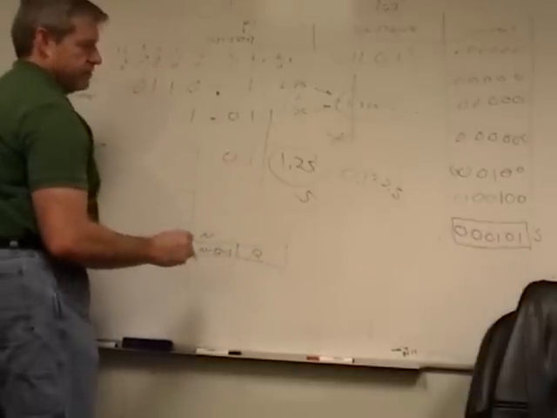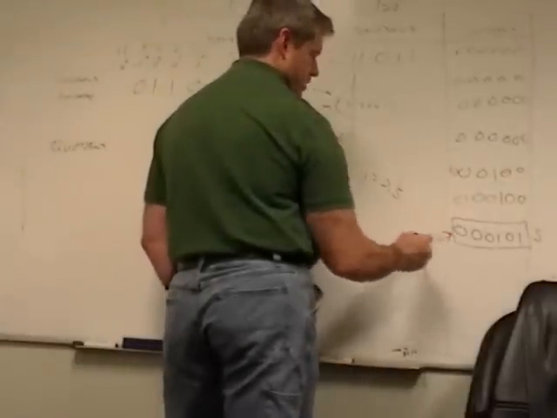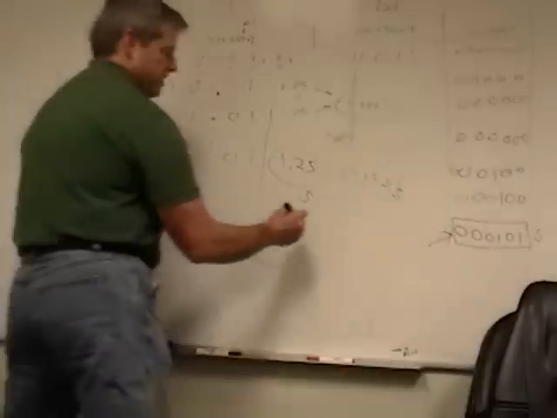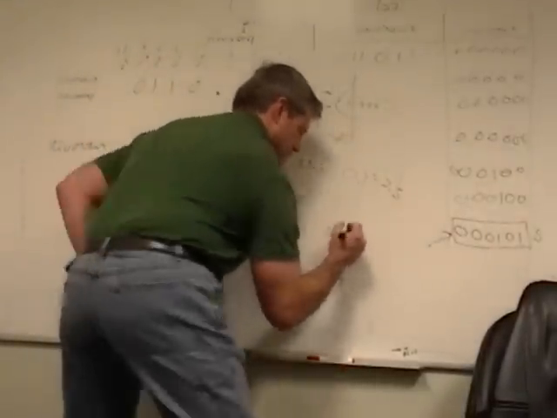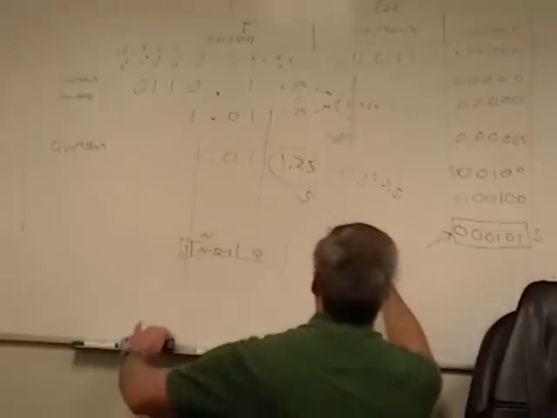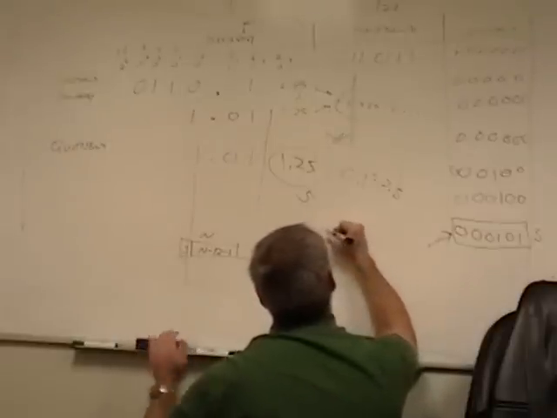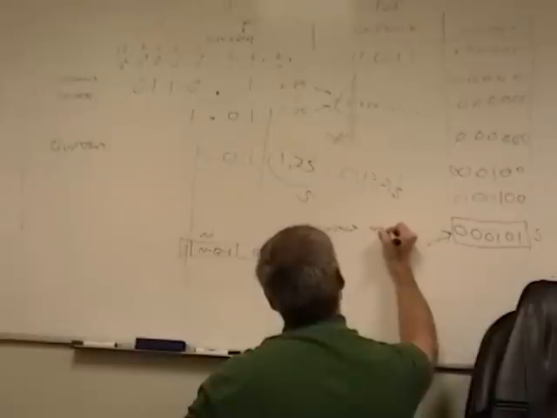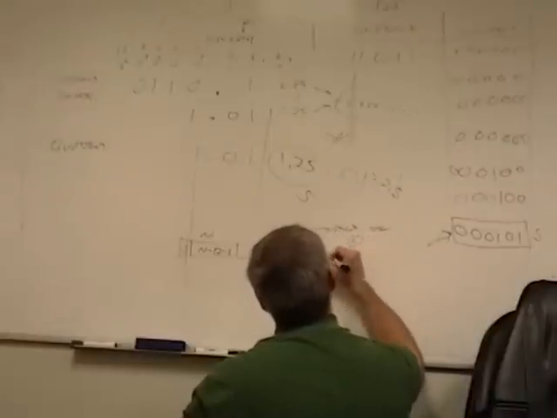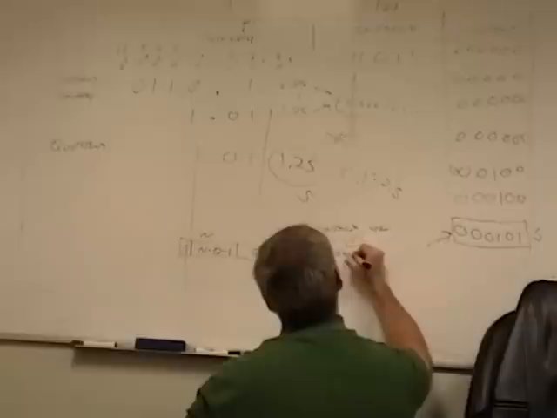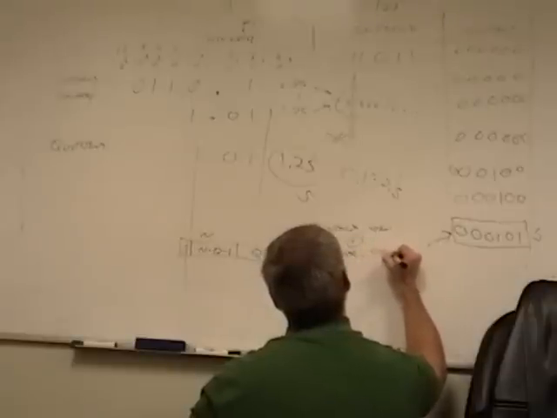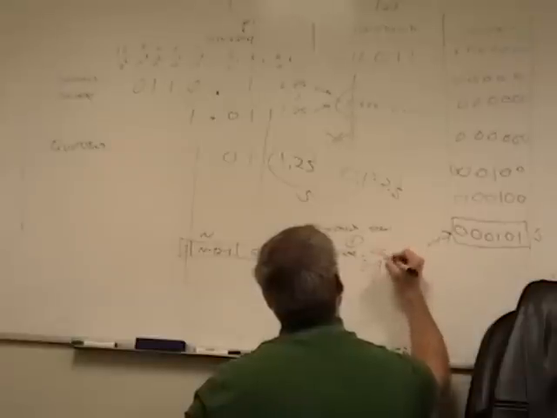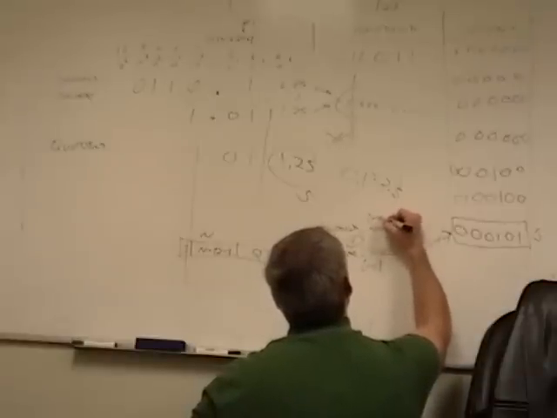I ignore them all the way through, and the sign bit in my quotient is the exclusive OR of the dividend sign with the divisor sign, which would be divisor of n minus 1, and this would be dividend of n minus 1.